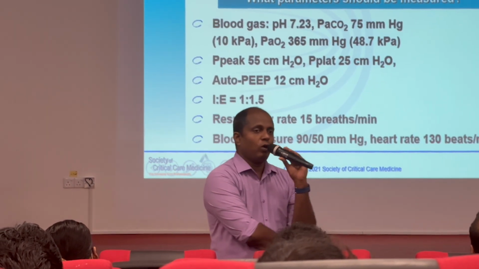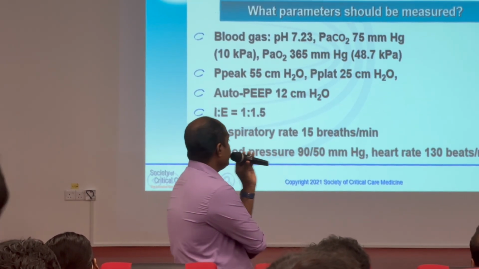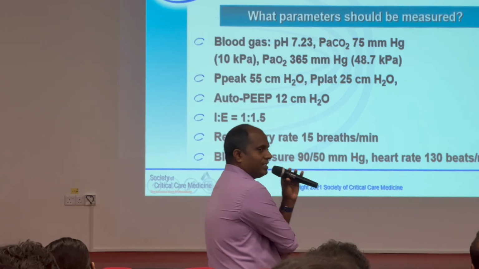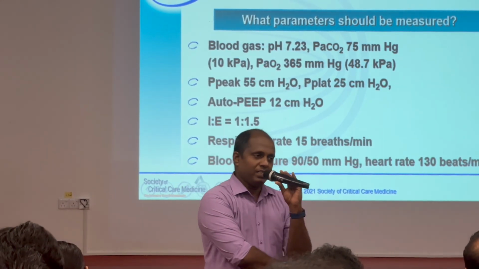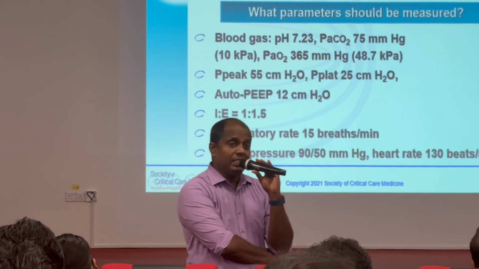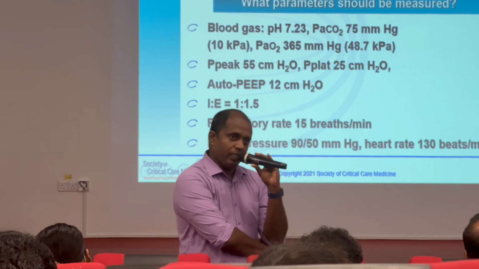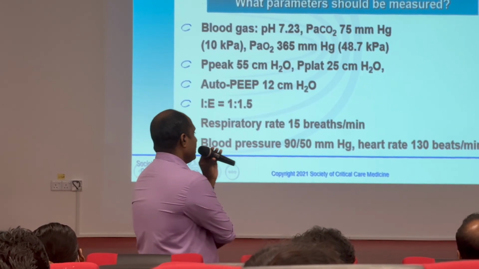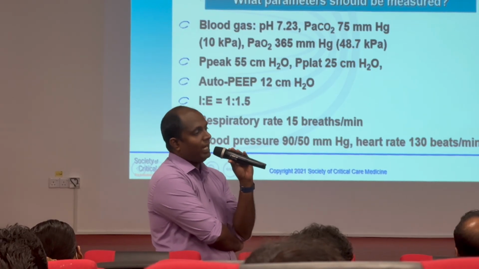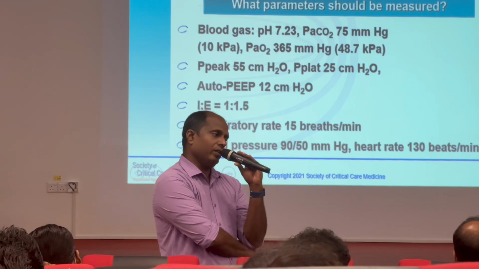What is the reason for low blood pressure here? Again, the answer is multifactorial. My answer is always multifactorial. So you should explore the multiple factors. First, because of increased intrathoracic pressure, because of air stacking and high auto-PEEP, there is no venous return, no blood into the heart, and they're not able to generate adequate cardiac output, so low blood pressure.